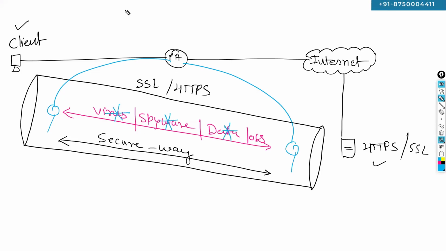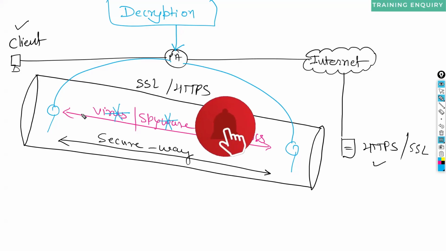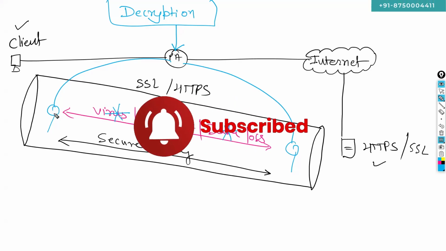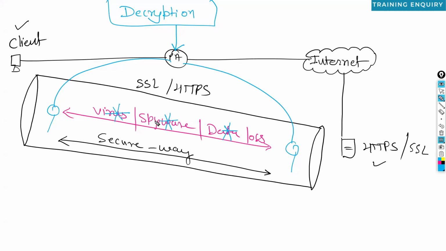This thing you can only do when your device or firewall is capable of doing decryption. So with the help of decryption, we can configure our firewall in such a way that it looks at what is going on under the SSL tunnel. If something is suspected, we can drop it.